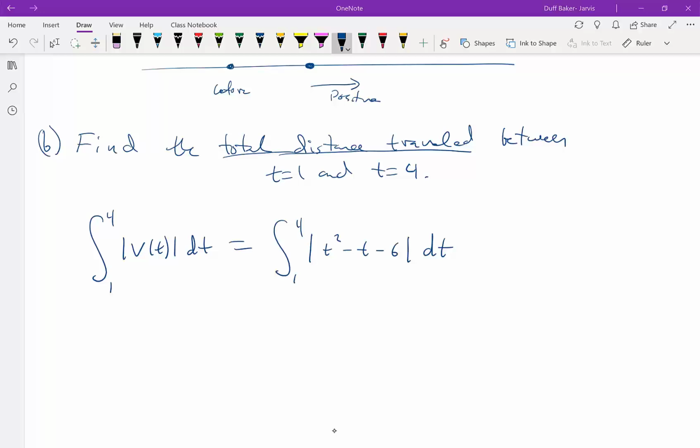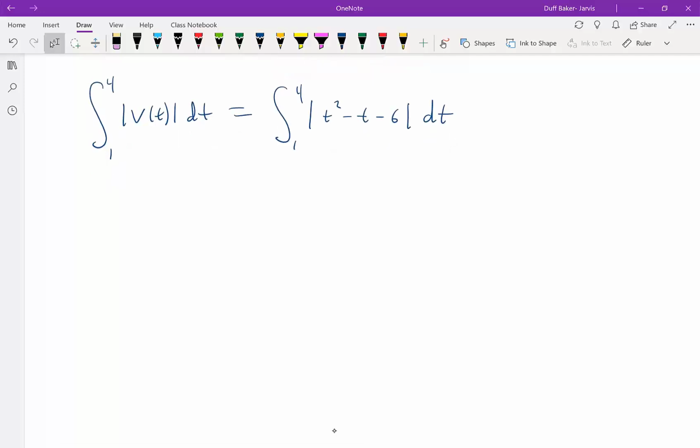So, we don't really have a formula that just tells us how to take an antiderivative of something that involves an absolute value. Well, by now you might be realizing that whenever there's an absolute value involved, typically you have to do some sort of piecewise process.